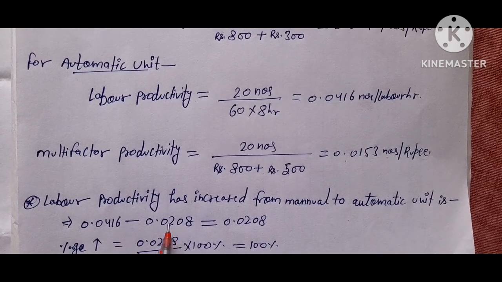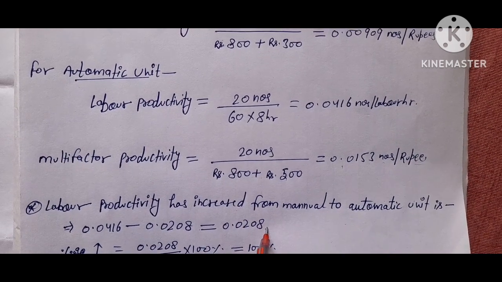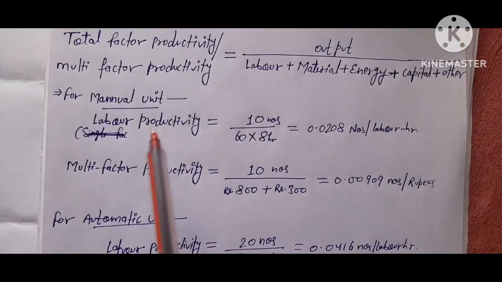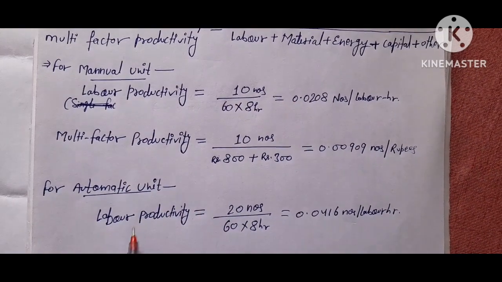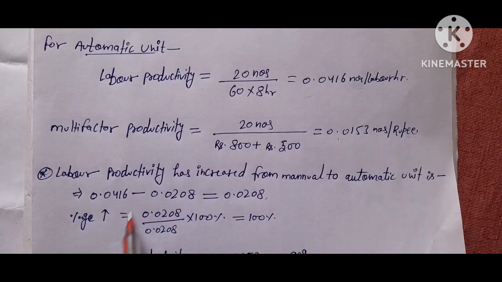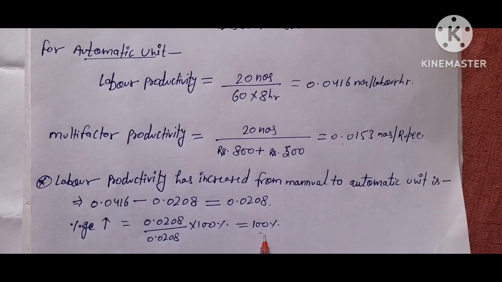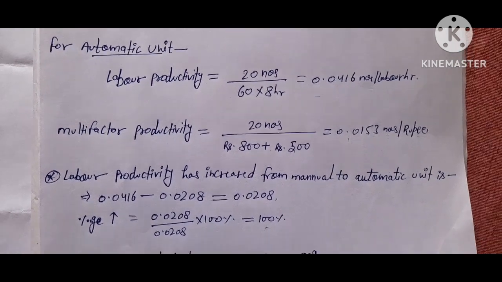So you see here labor productivity has increased from the manual to the automatic unit, from 0.0208 to 0.0416. This is the manual labor productivity and this is the automatic labor productivity. So the increment is 100%. It is not perfect, but try to understand what the question is saying.